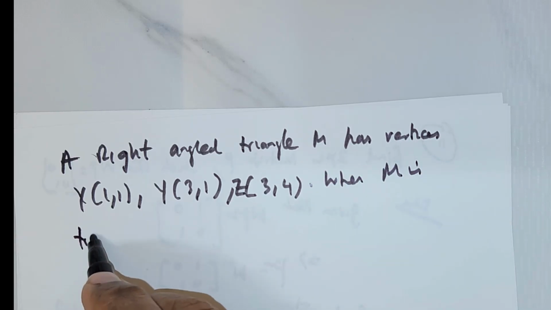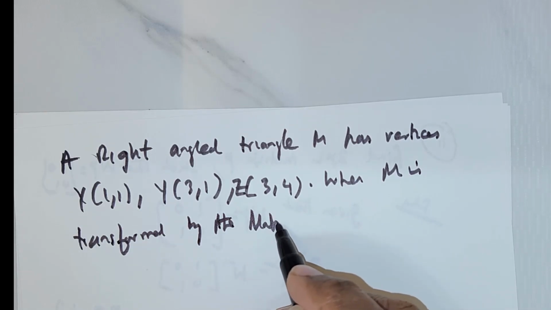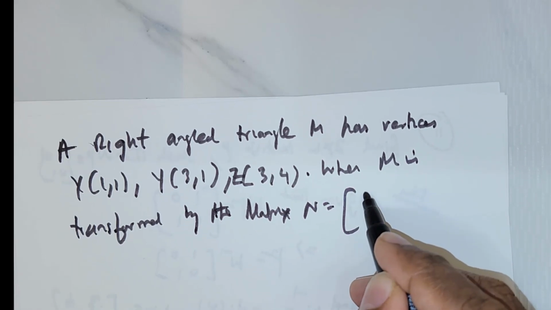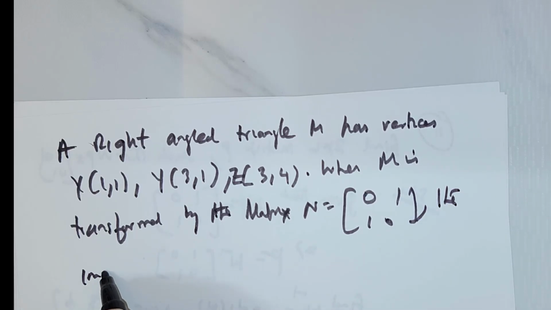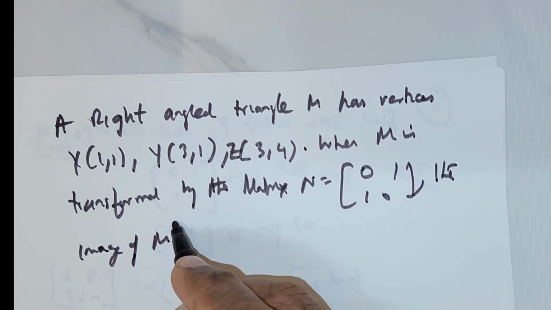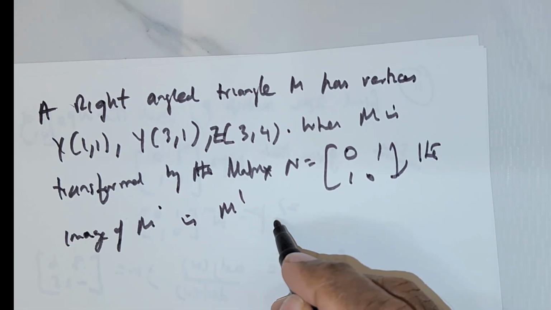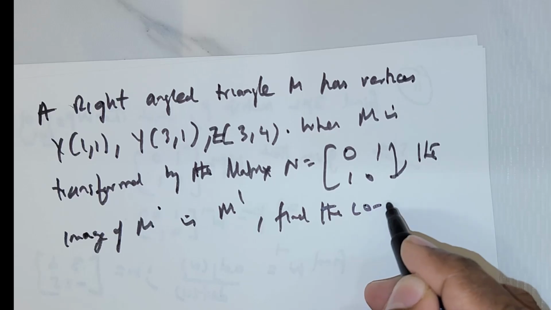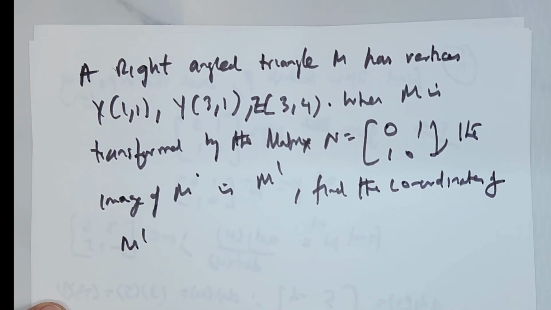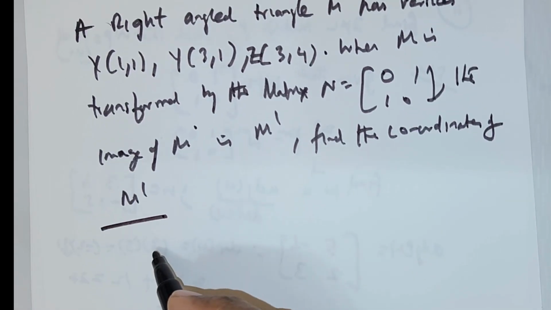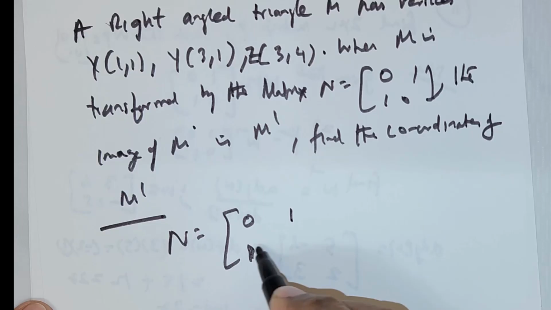When M is transformed by the matrix N equal to 0, 1, 1, 0, the image of M is M dash. We are asked to find the coordinates of M dash. Okay, so the understanding here is N is the matrix which is responsible for the transformation.